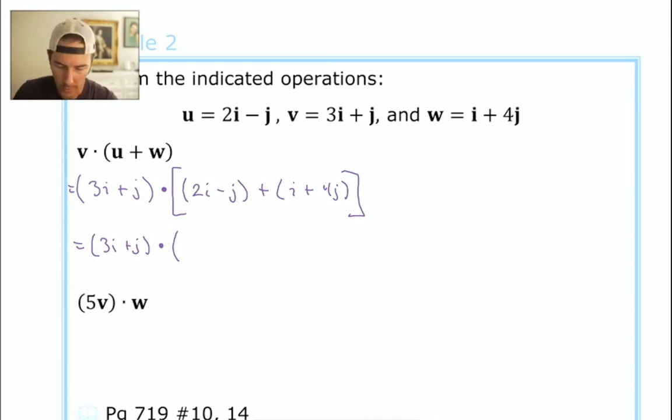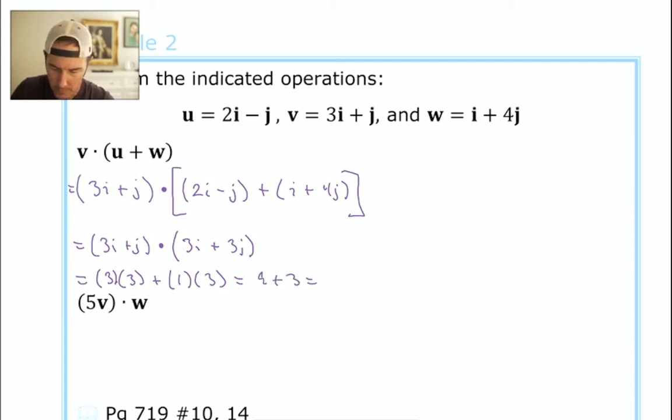The 2i plus the 1i makes 3i, plus a negative j plus a 4j makes 3j. And now I have a dot product. The 3i and the 3i, those 3s get multiplied together, plus the coefficients on the j vectors, so that's a 1 and a positive 3. That equals 9 plus 3, which is equal to 12.